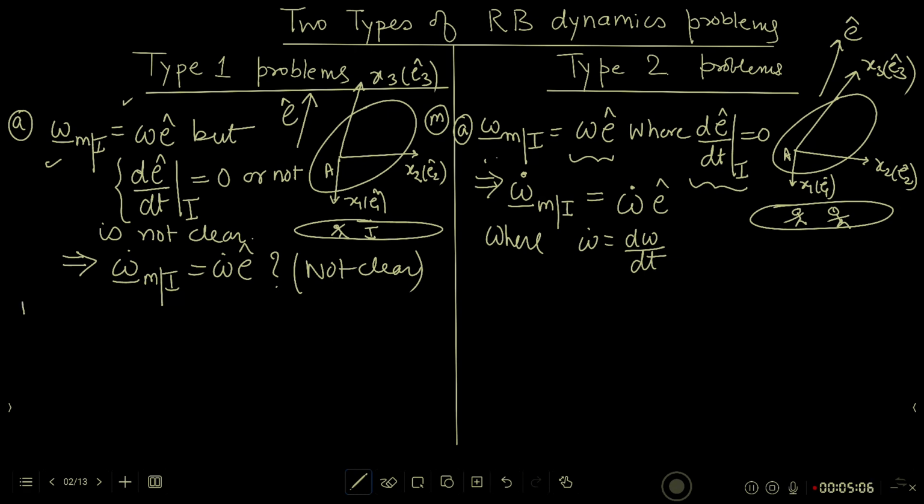Okay. Now, in type 1 problem, once you have identified the problem to be a type 1 problem, you will choose a point A which is fixed to RB.